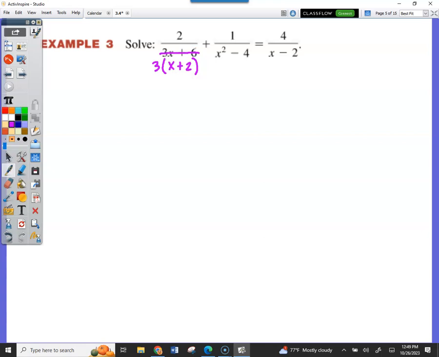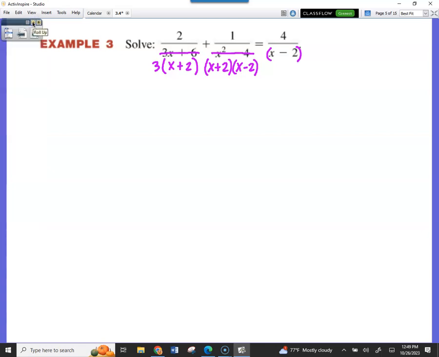X squared minus 4 is what? Alright, and then this one is fine. And then if you recall from chapter R, I told you to stack them so that you can see what's going on. I'll come over here to do it. Alright, so we have 3x plus 2. Go to the next line, next fraction. Line up anything that matches.